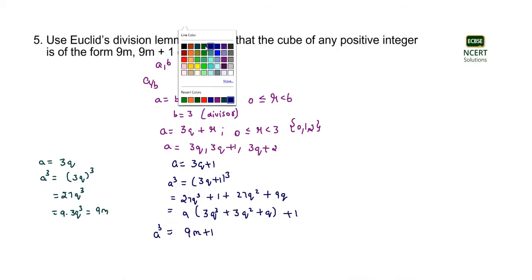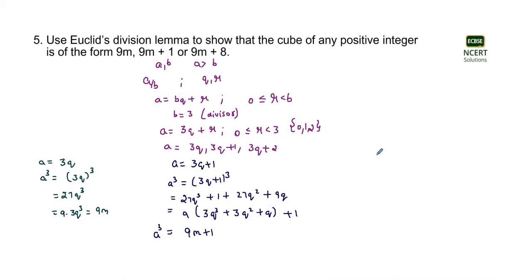Now let us take the third form, that is a equals 3q plus 2. Now taking the cube on both sides, a cube will be equal to (3q plus 2) whole cube, and using the identity, a cube will be equal to 27q cube plus 8 plus 54q square plus 36q.